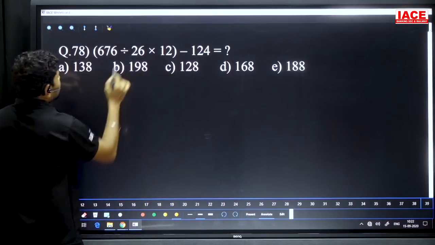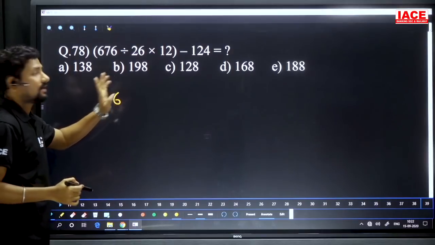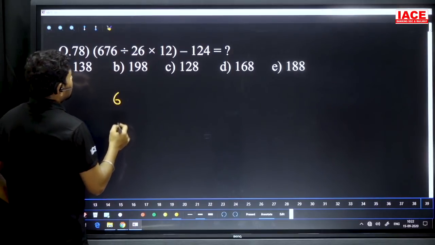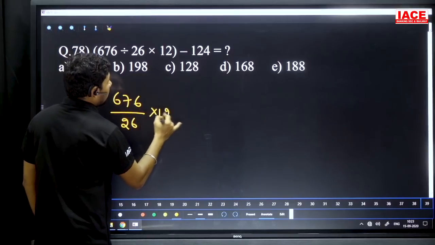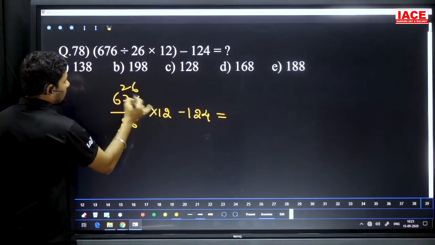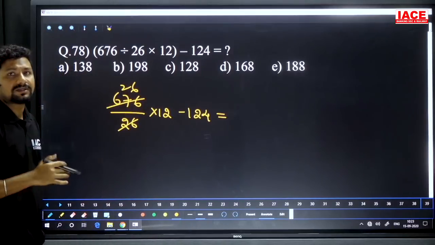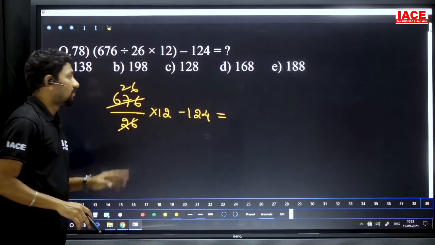676 divisible by 26. 26 square is equal to 676. 676 by 26 into 12 minus 124. Here 12 into 26, from that we have to remove 124.